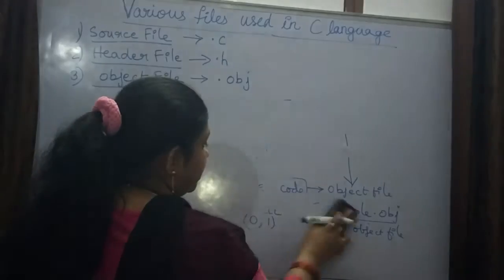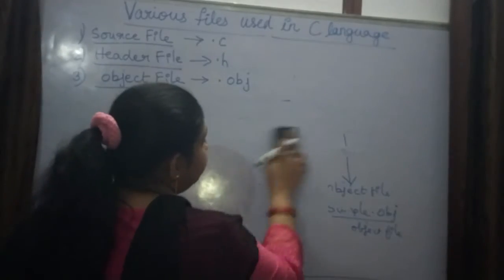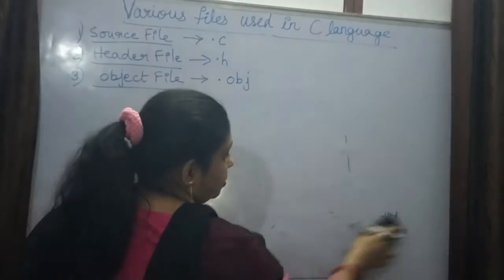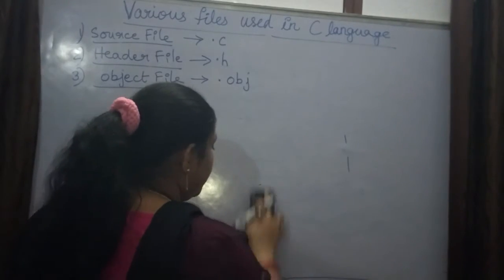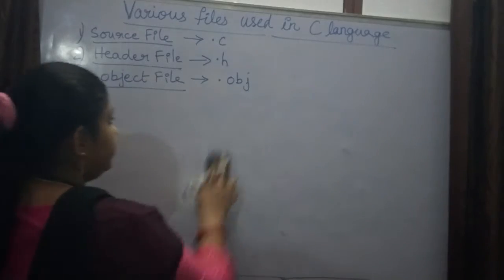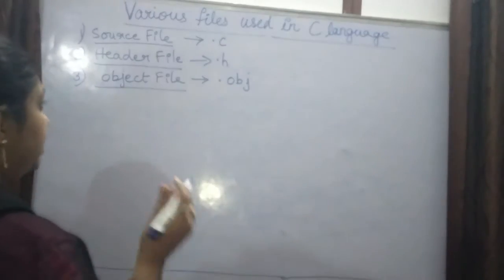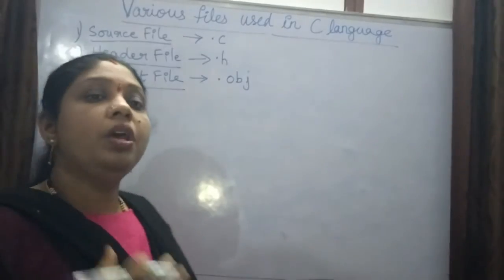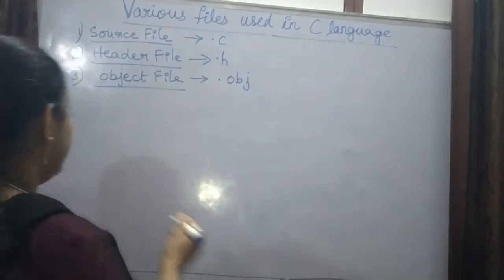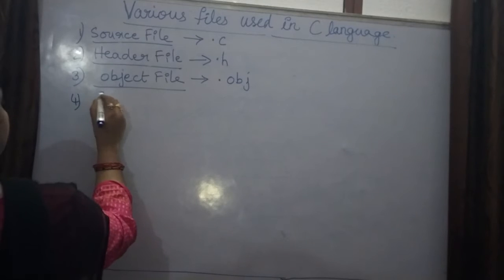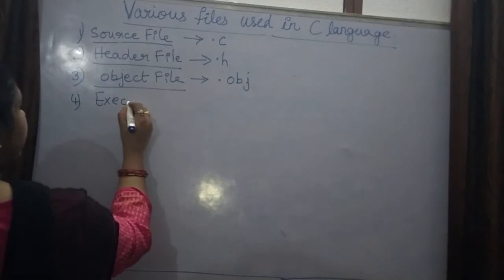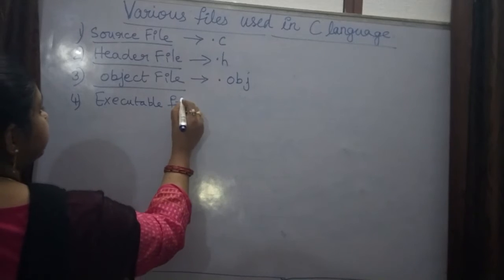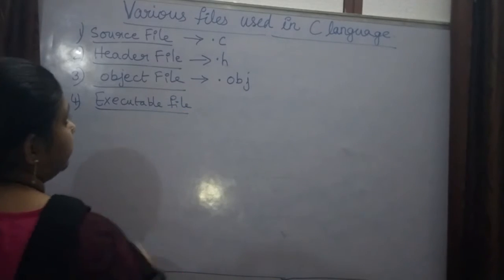Next, just now I said that the object file is not directly executable. Then what do you have to do? This object file should be changed to one more file called the executable file.